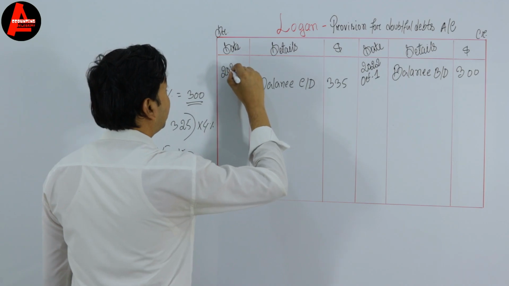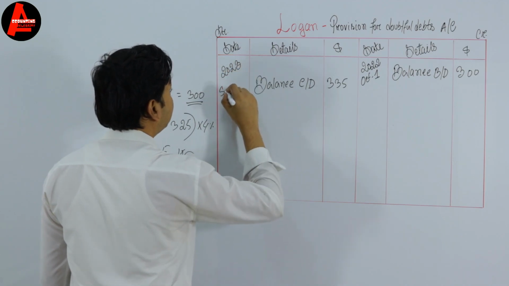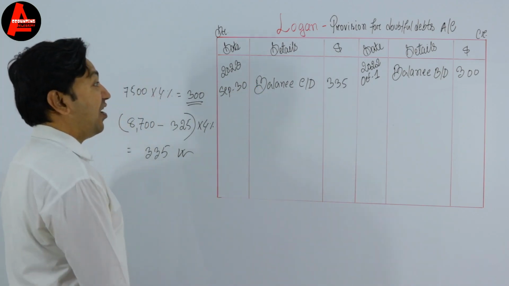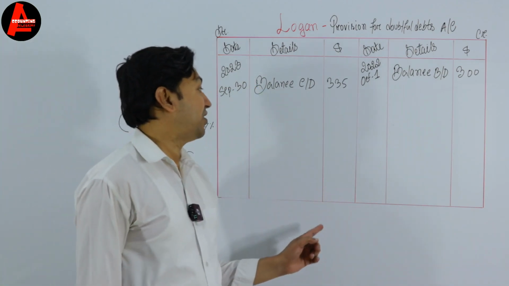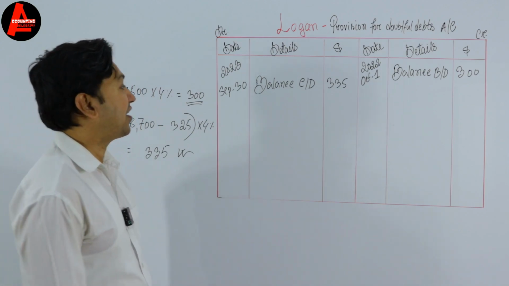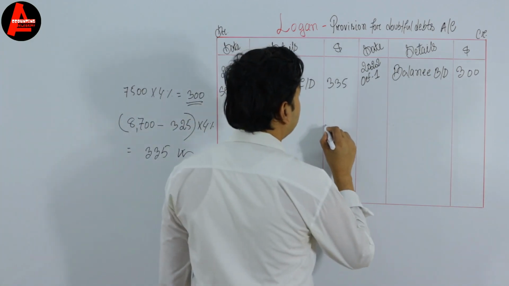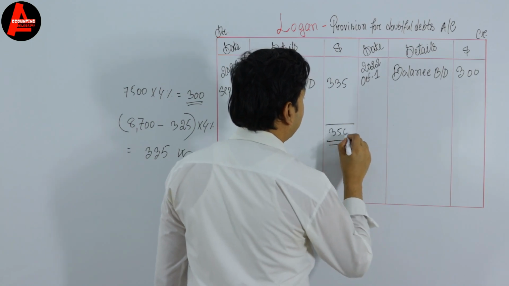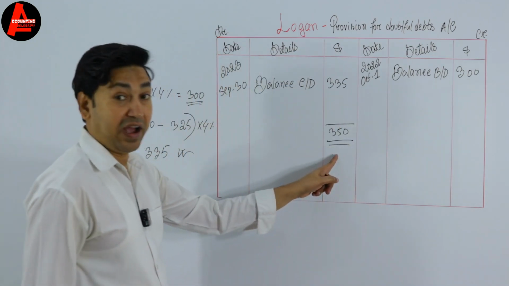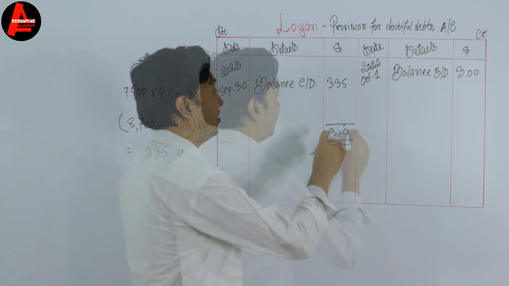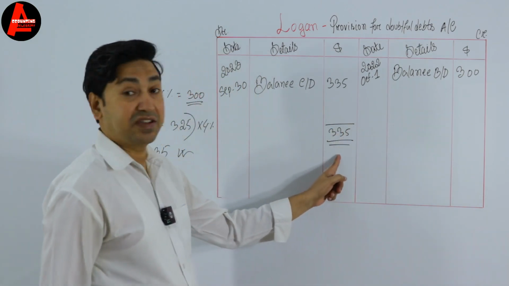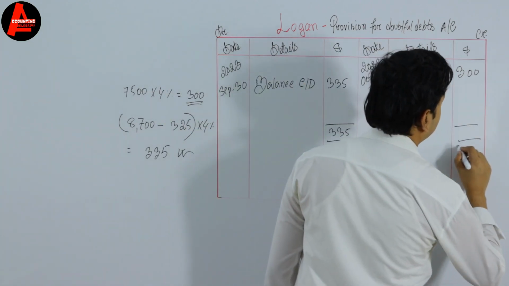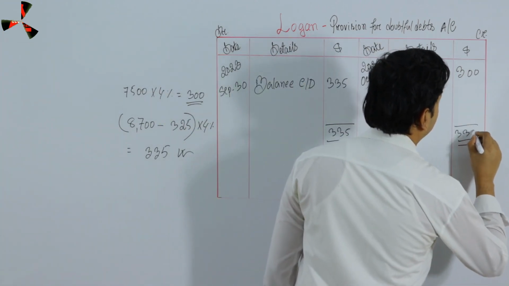It is 2023, September 30. Now we will see the difference. If we balance this account, here we get $335. This column is greater, so we add it here first, and we take this amount to the opposite side, the credit dollar column, 335.